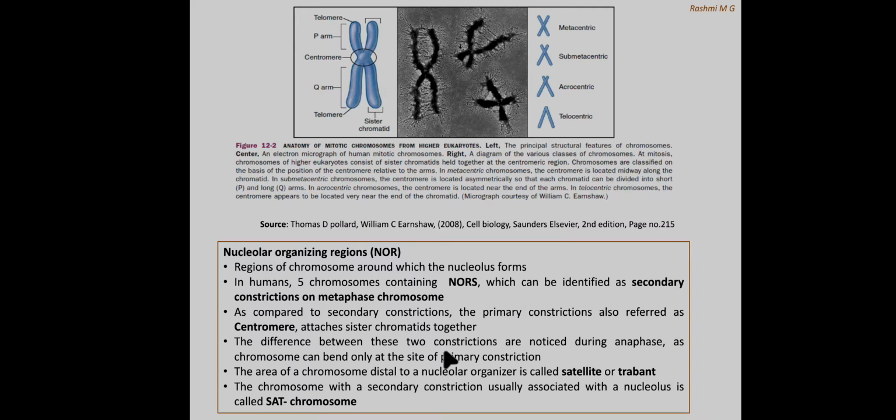The difference between these two constrictions is noticed during anaphase, as the chromosome can bend only at the site of the primary constriction. The area of the chromosome distal to the nucleolar organizer is called the satellite or trabant. The chromosome with the secondary constriction usually associated with the nucleolus is called a SAT chromosome.